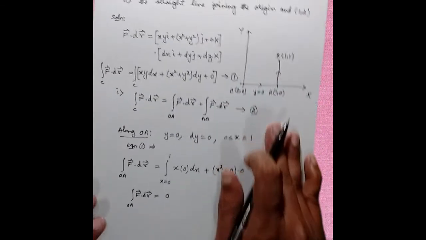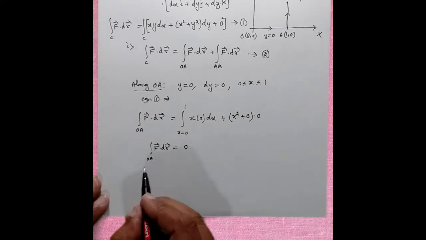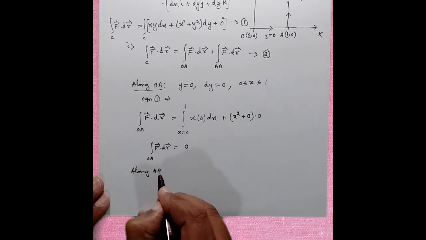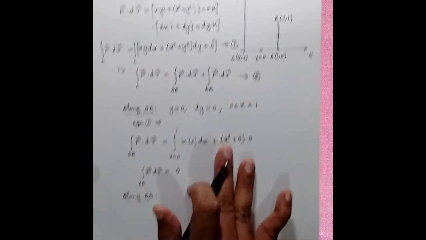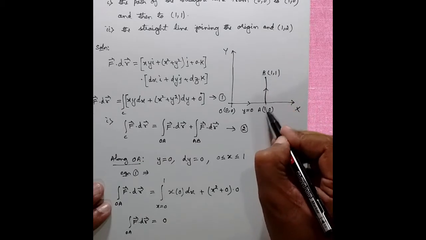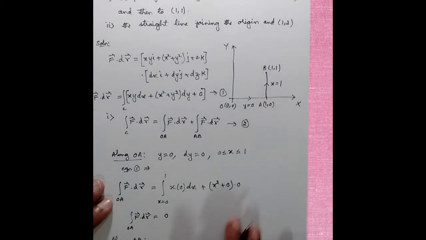Now one more path that you have is AB. Along AB we need to find out. Along this AB, what is the constant value? You can see x is 1. So along this path, the value of x is 1.